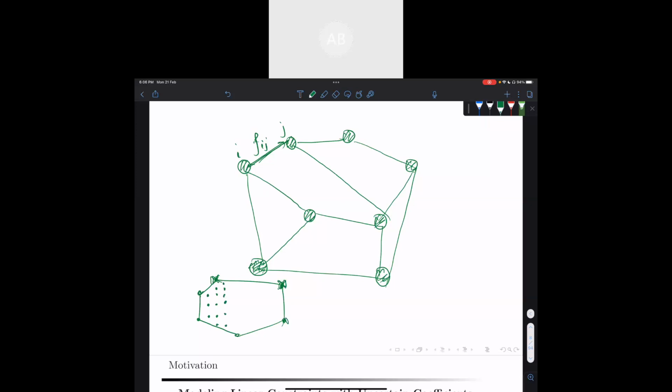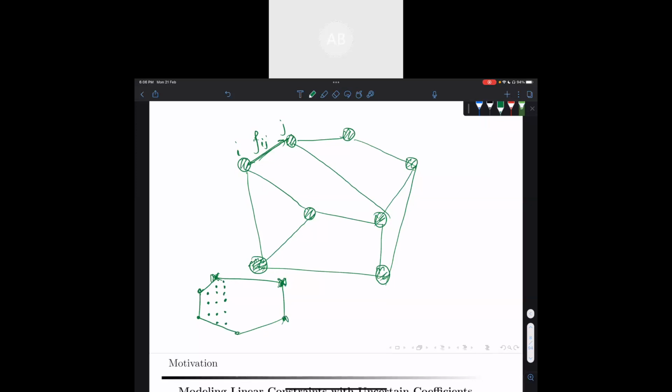So let's say that I was solving this problem: minimize x plus y plus 3.1z, subject to these x, y, z following some constraints.